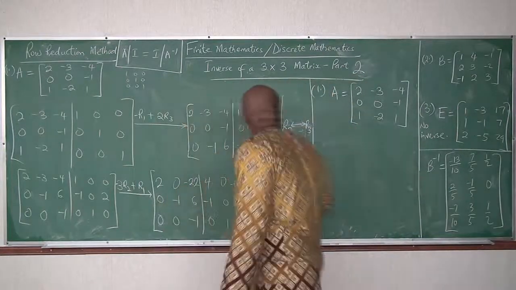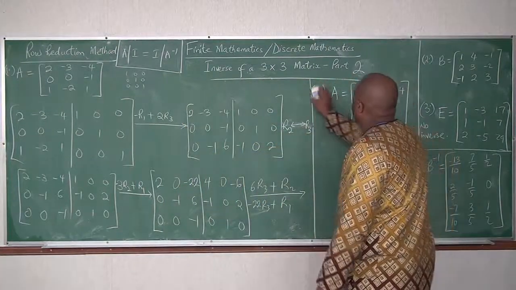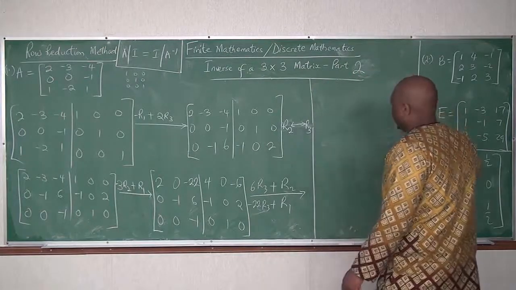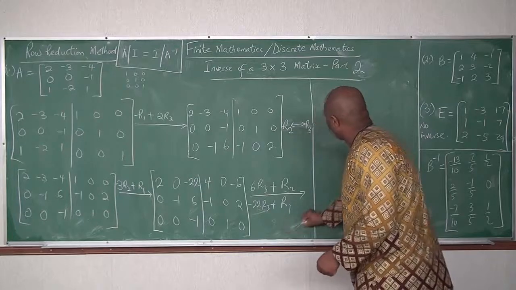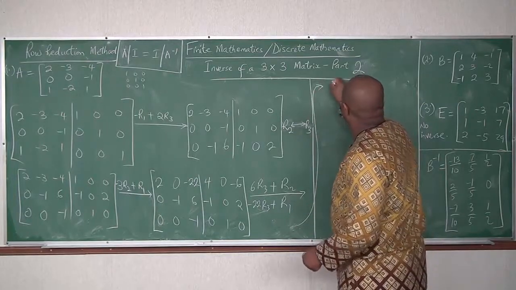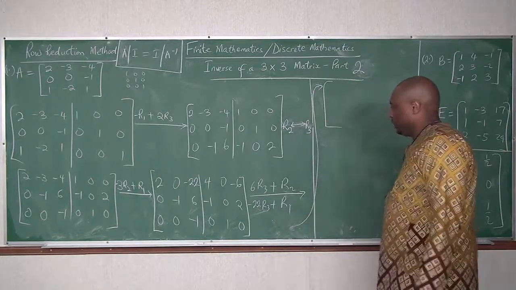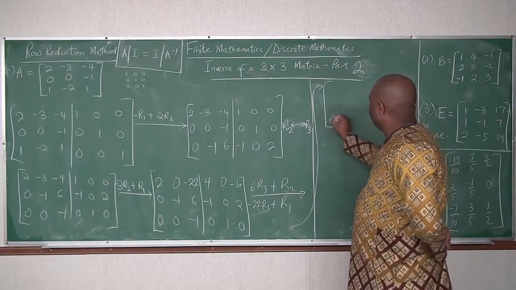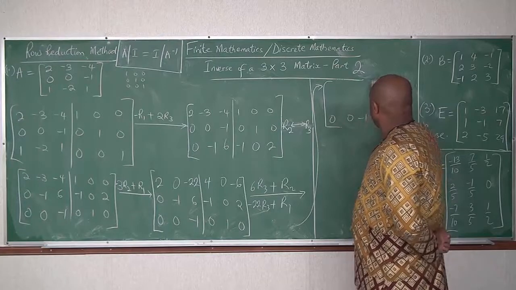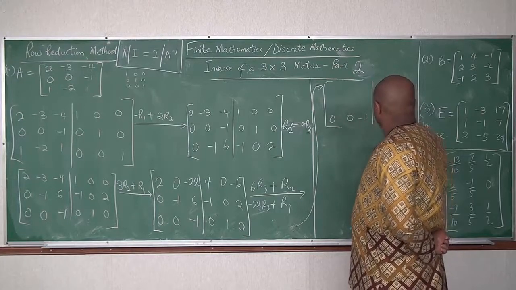Right? Now what do we have here? Let's now see what we got. I'm working from here. R3 did not change, so let's write it: 0, 0, negative 1, 0, 1, 0.